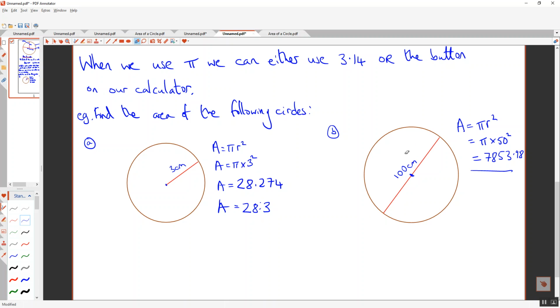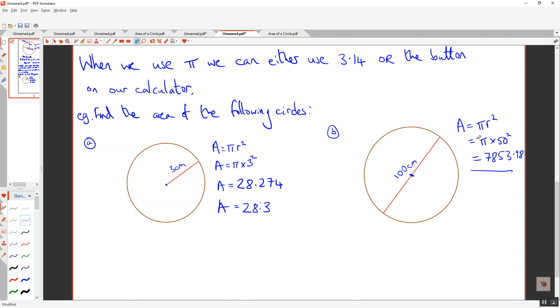What's the difference with this question, the second one? Hands up. Or thumbs up. Right, good. The line is the diameter. So what do we have to make sure we do in that instance? Yes, Xander?